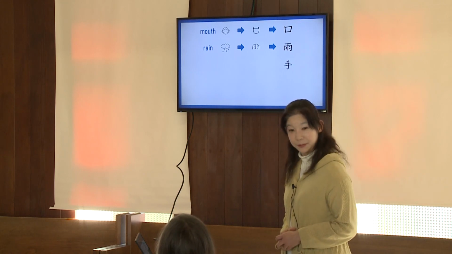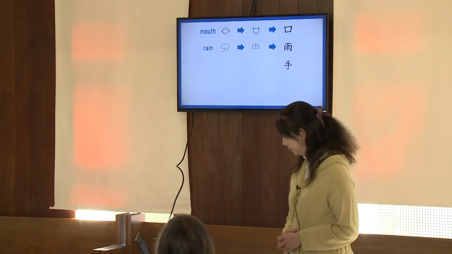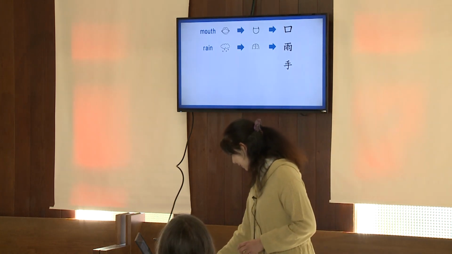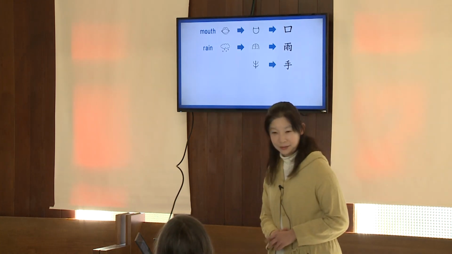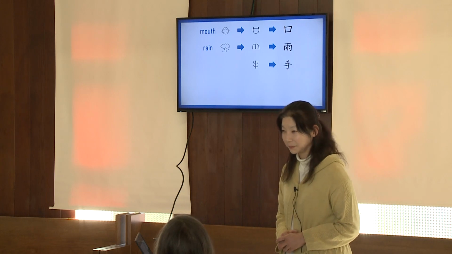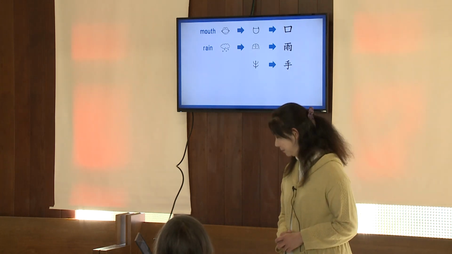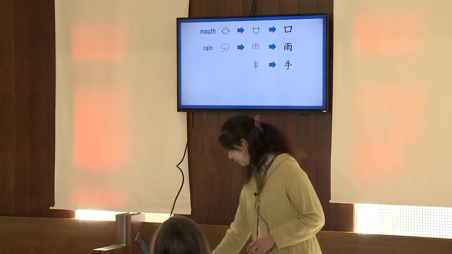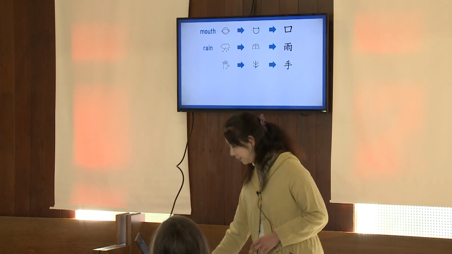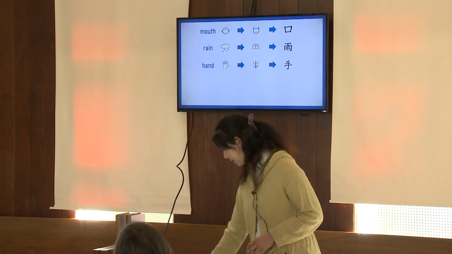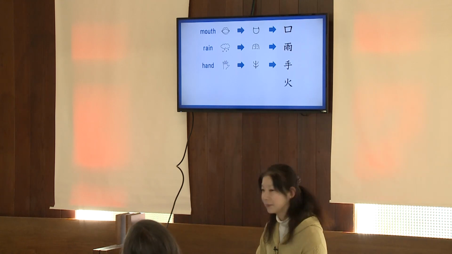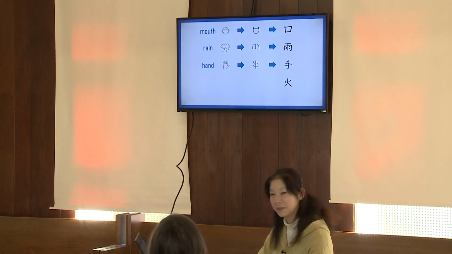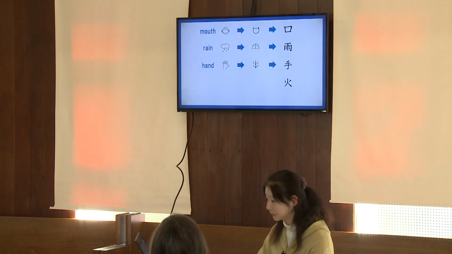So how about this one? Well, it looks like a tree, but it could be anything. And it looked like this before. Tree. Human being? No. Hand. Yes, it is hand. 1, 2, 3, 4, 5. That one has 5 fingers. How about this one?